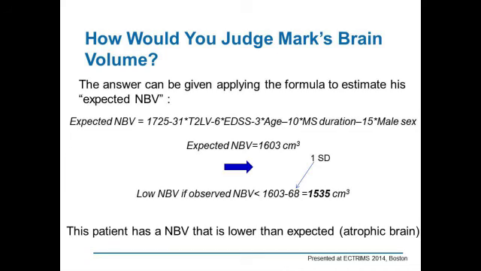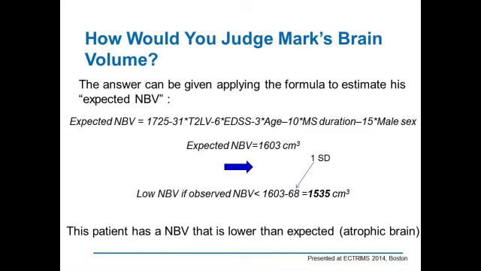So the cutoff for defining a patient with Mark's profile as a patient having a low brain volume is 1,535 cubic centimeters. Mark has a brain volume that is smaller than this value, so he can be classified as a patient with a low brain volume. His brain is lower than expected, so he has some atrophy in his brain.